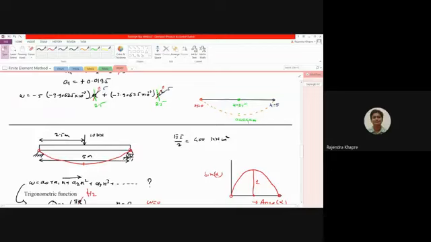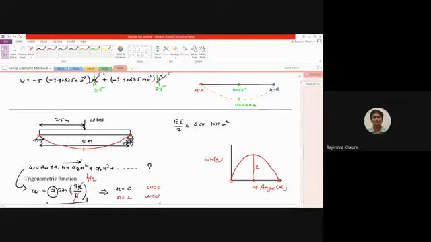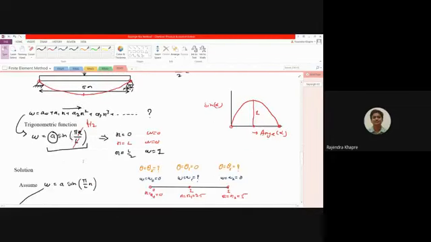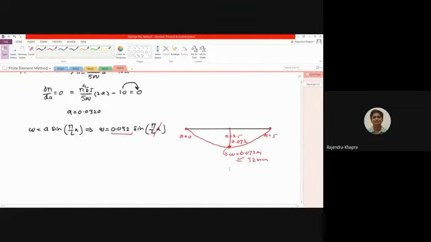But if you solve the same problem using the trigonometric function, that is the sine curve, you are getting a different answer, which is 32 millimeters. So earlier it was 24 and now it is 32.